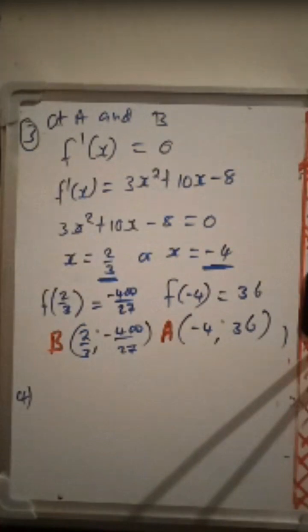The gradient is what? Negative. Between which values is the gradient negative? Between which values are we talking about?